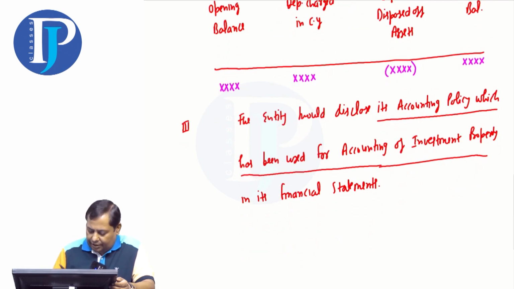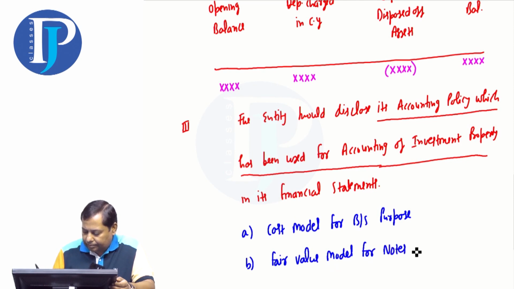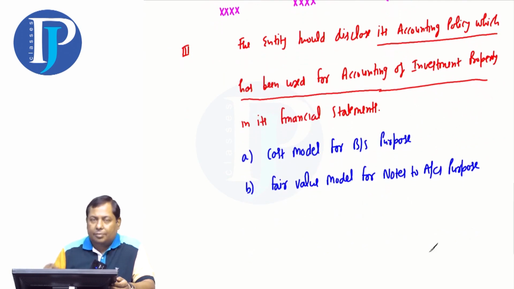What's this accounting policy? Cost model for balance sheet purpose. Fair value model for notes to accounts. Write this down. We did it casually.